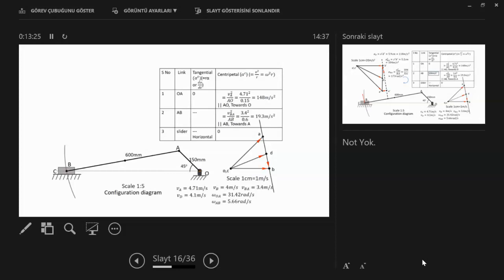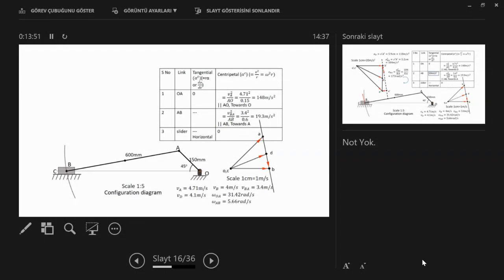If velocity is constant, dv/dt is equal to 0. We already calculated VA as 4.771 meters per second. Since it is constant, and the time derivative of a constant is 0, the tangential component is 0.